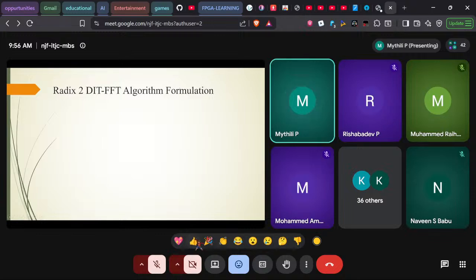The summation can be done in any way, right? You can add the first term, second term, third term, or you can add the first half, then the second half, then add them together. Here what we are doing is taking the even terms and the odd terms separately and then adding them together. Okay.